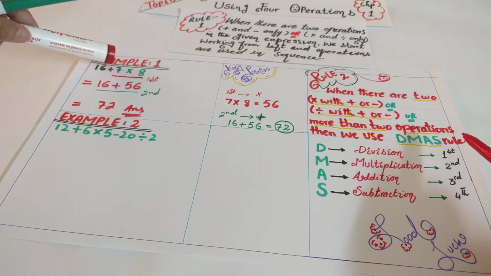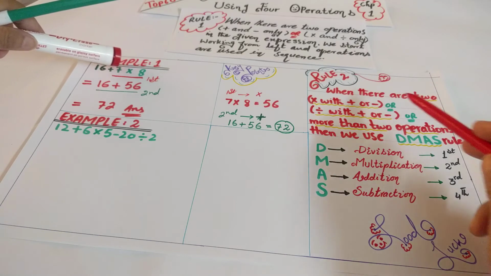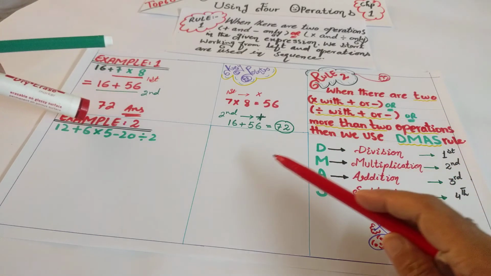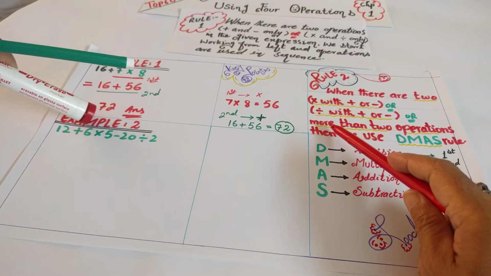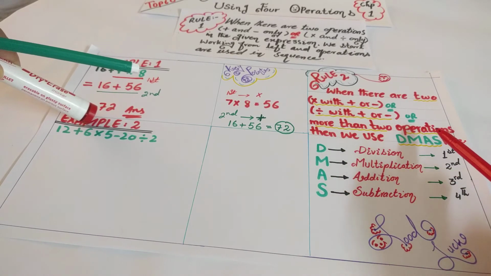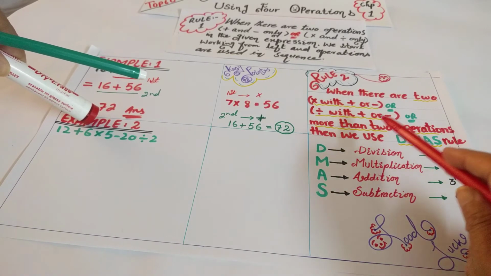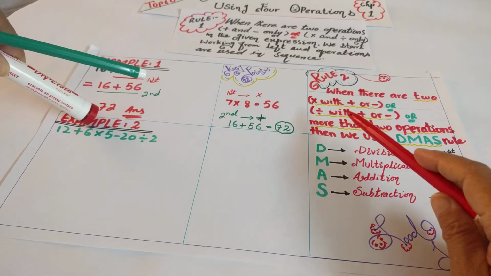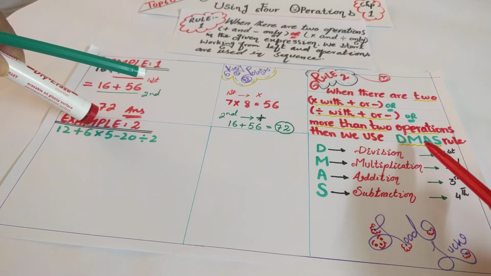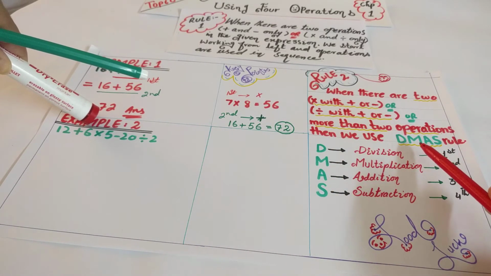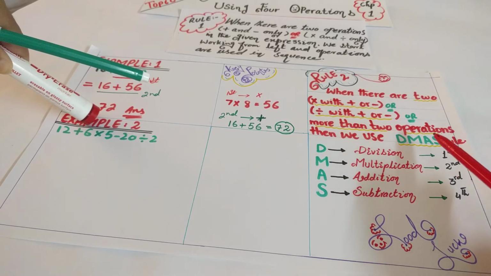In example 1 there were only 2 operations, that was your first condition, but in example number 2 there are more than 2 operations. If the given expression has more than 2 operations, you will again apply the DMAS rule. But when you start working with DMAS, check the order.